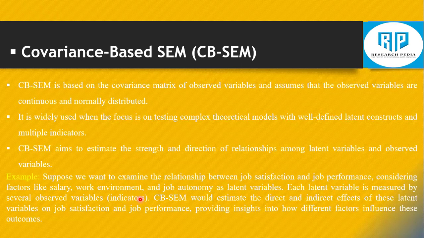So we may have a lot of latent variables, and we may measure each using several observed variables. CB-SEM would estimate the direct and indirect effects of these factors on job satisfaction and job performance, which are your latent variables, providing insight into how different factors influence these outcomes.